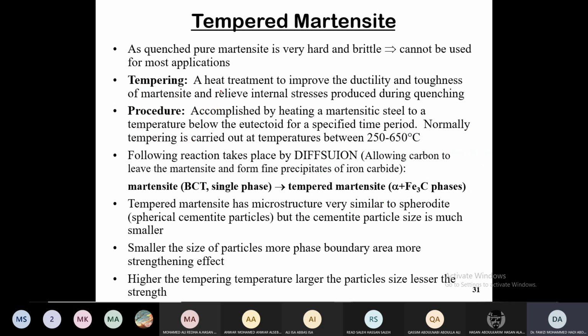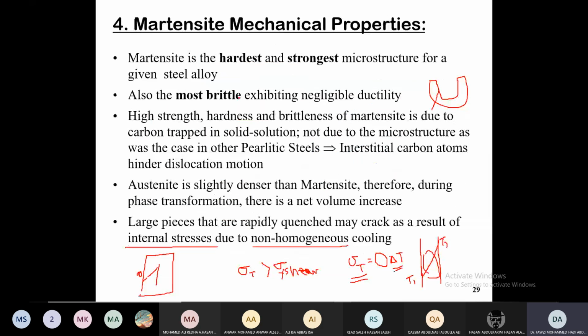Tempering is a heat treatment that improves the ductility and toughness of the martensite. So this is the main aim, but in addition to that, it relieves internal stresses produced during the quenching. So this is also a solution to the internal stresses, as we have talked here.